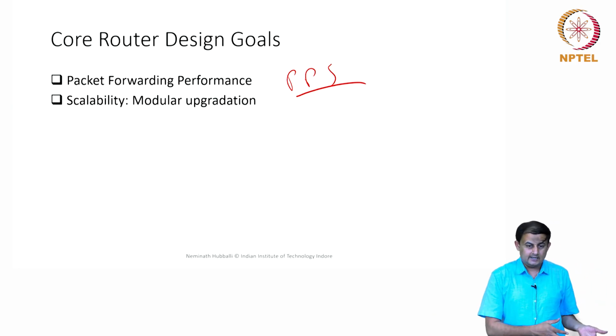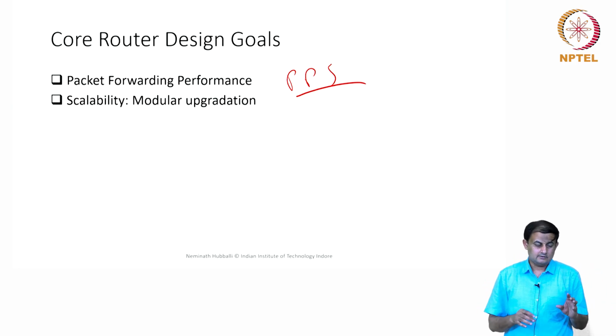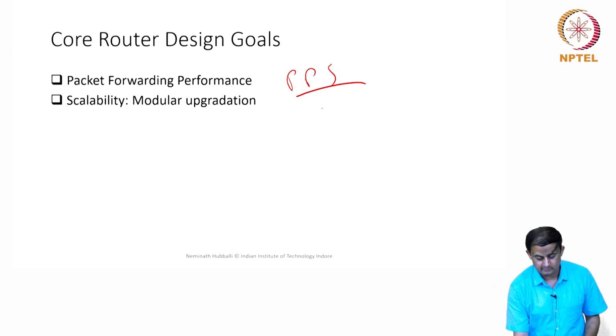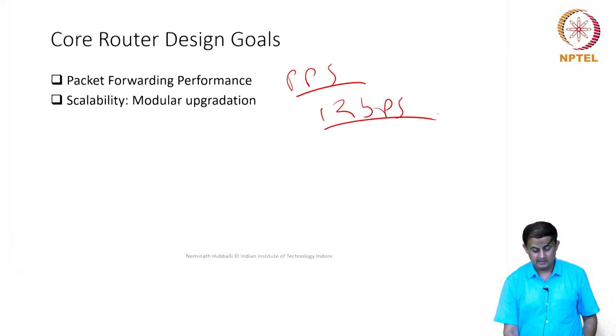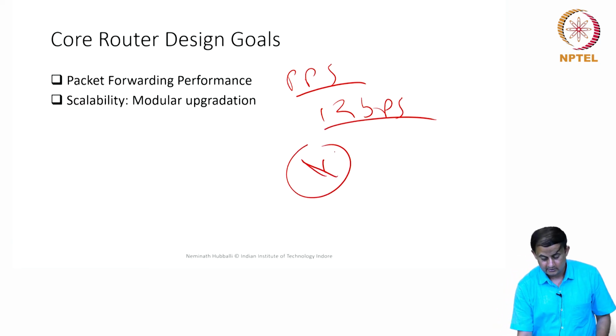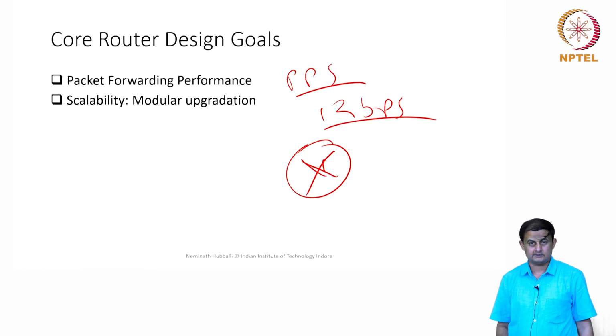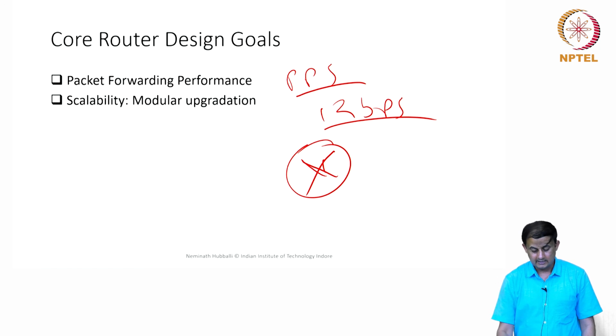On the other hand, if you have a modular design, currently my traffic is, let's say, 1 Gbps on my router. I am going to build a router capable of handling 1 Gbps, and 2 years down the line this might go up to 2 Gbps.